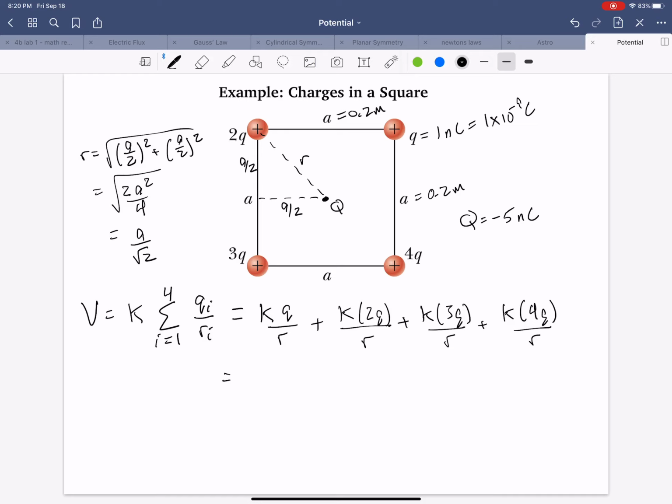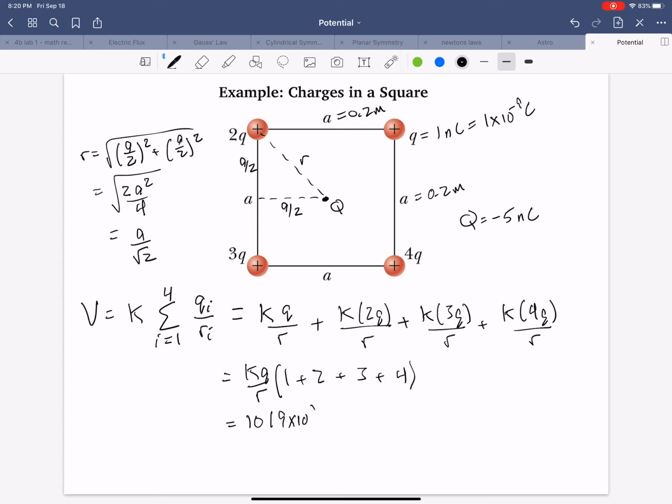So factoring out all of the commons gives us kQ over r, and then 1 plus 2 plus 3 plus 4. 1 plus 2 was 3, 3 plus 3 is 6, 6 plus 4 is 10. So that's 10. I like prefactors in the front.